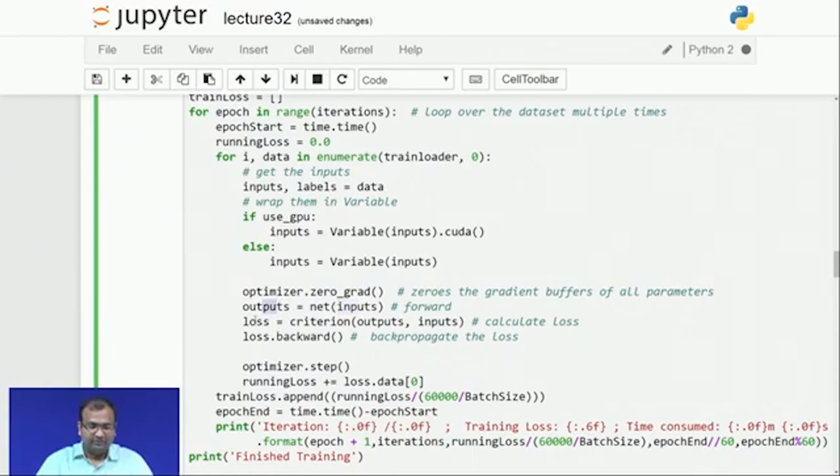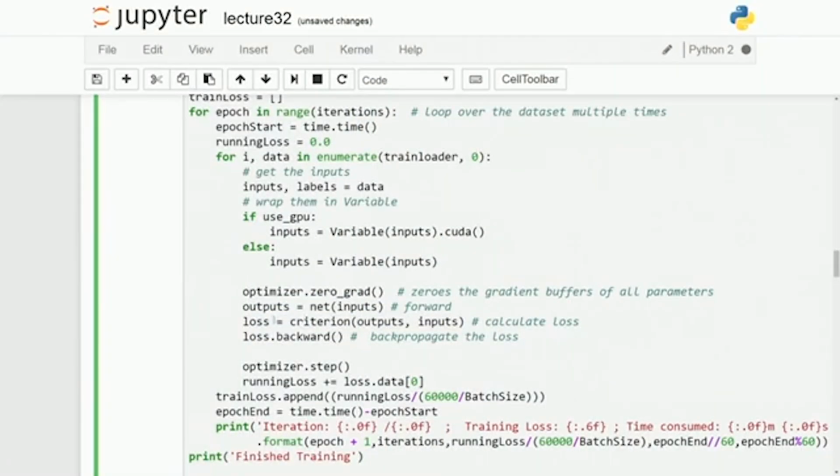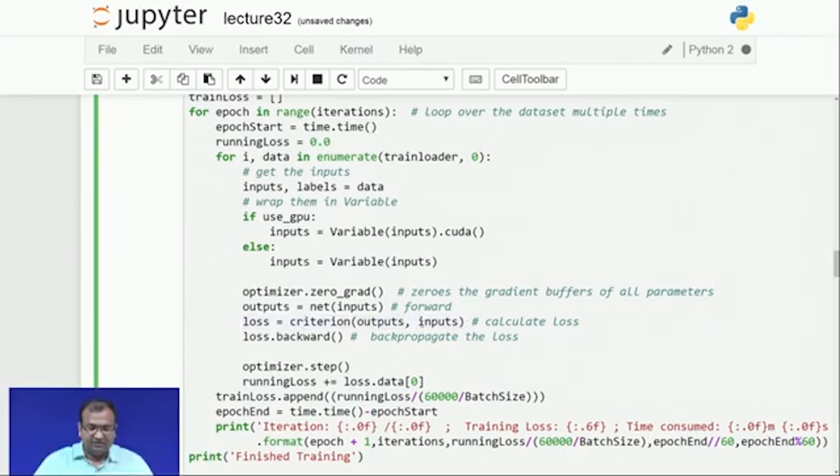Now, on my criterion function, since the cost function which I am going to use is an MSE loss function, it basically tries to minimize the error between whatever is the input and what comes out on the output side. So, for that reason the argument which goes into my criterion is just the outputs, and the reference, in the earlier case when you were doing classification, used to be labels, but for me these are my input values.